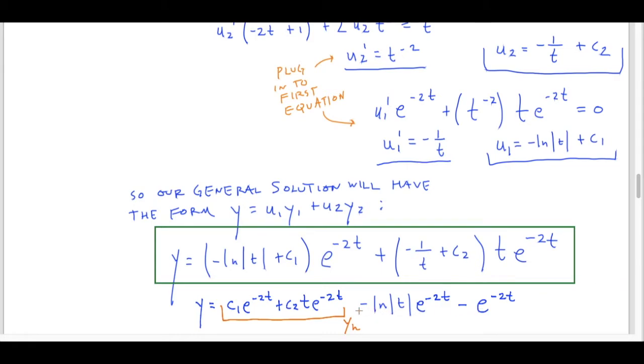And then to that y sub h, I've added some new function. So based on the theory from the last couple sections, we know that this function is acting like our y sub p. So my general solution does have the structure that we pointed out a couple sections ago, where I'll have y sub h plus y sub p.